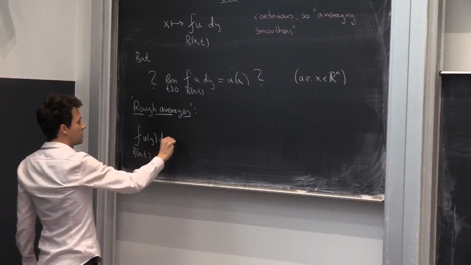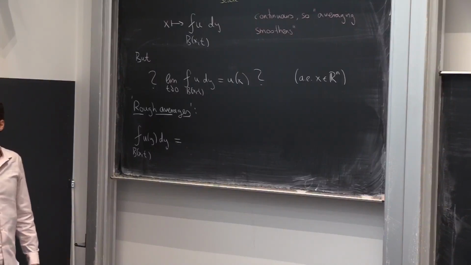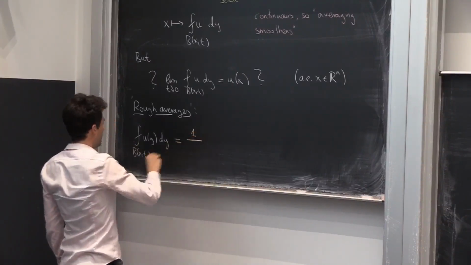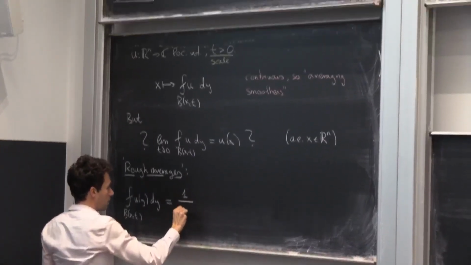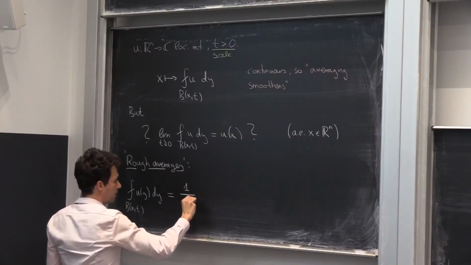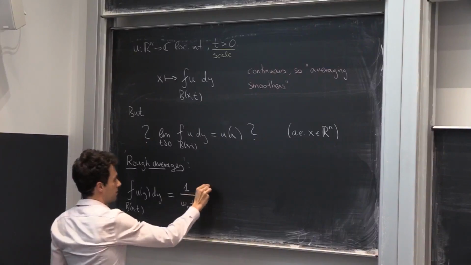And so the observation is just that I can write this integral as a convolution integral. Because if I take 1 over the measure of this ball, we know precisely what it is. This is 1 over omega n t to the n, and then this is the integral.